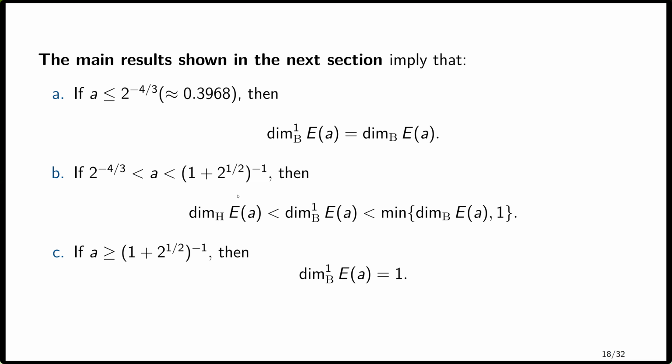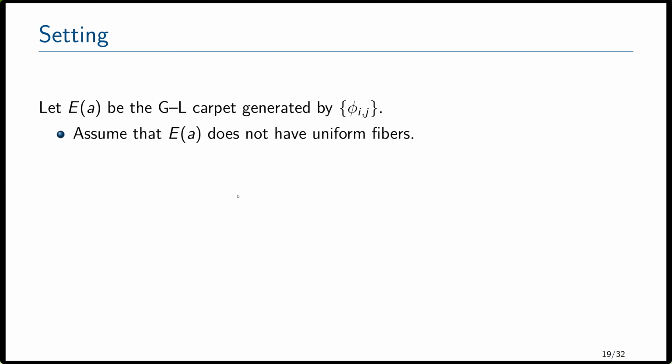But they didn't know that, in fact, there is another critical point, that if A is less than this, we have this equation. So we consider all cases. And so before I state the dimension formula, let's recall the setting.